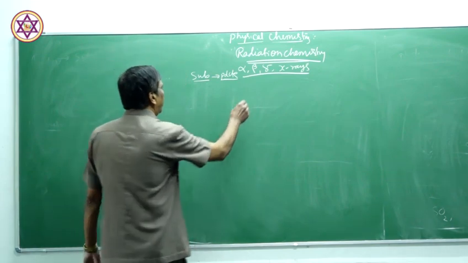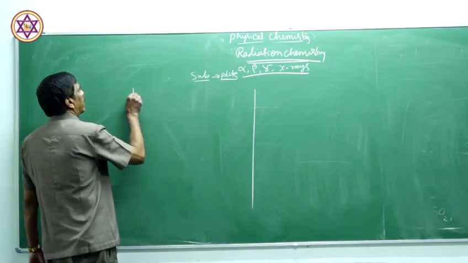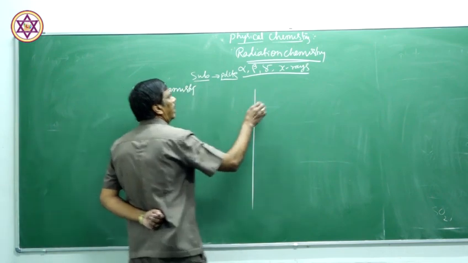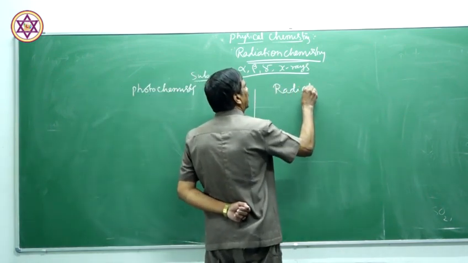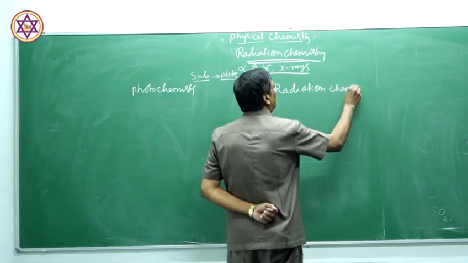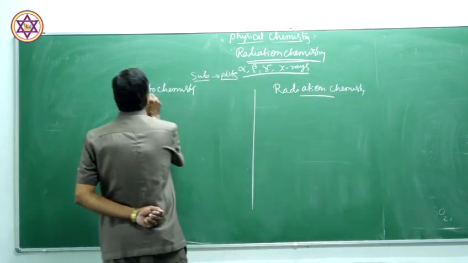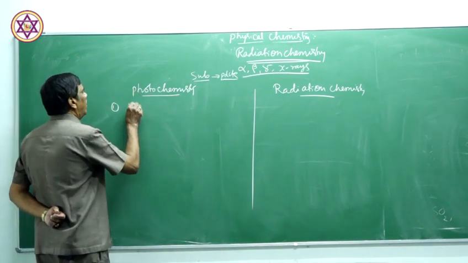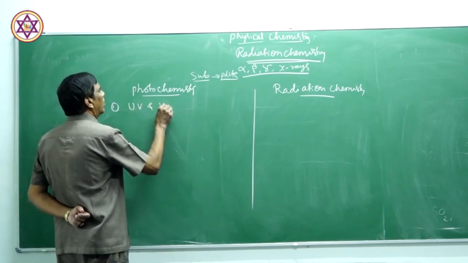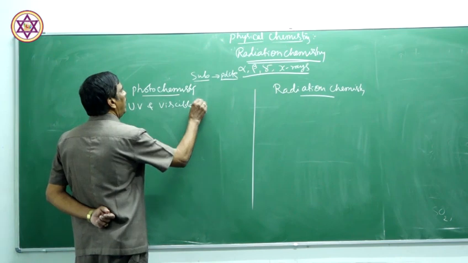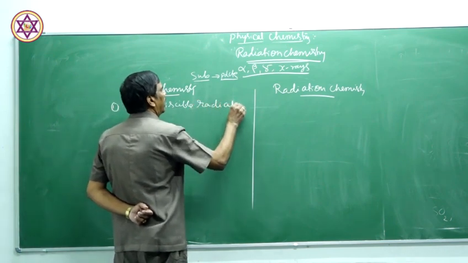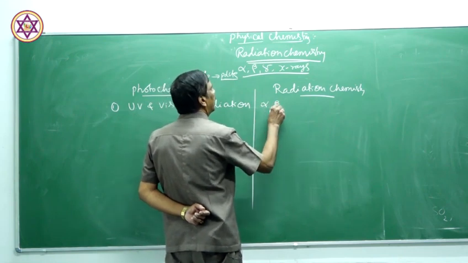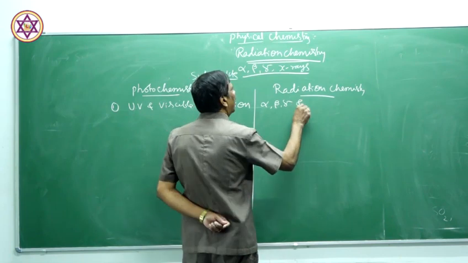Now, let us see the difference between photochemistry and radiation chemistry. Photochemistry deals with reactions due to ultraviolet and visible radiation, whereas radiation chemistry deals with chemical reactions produced by alpha, beta, gamma and X-rays.